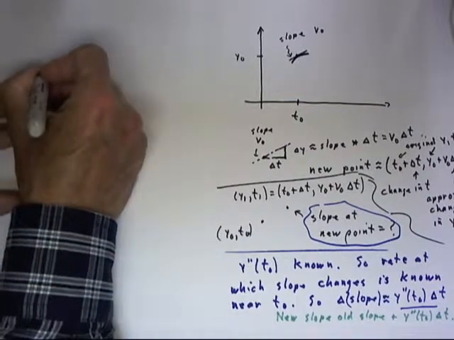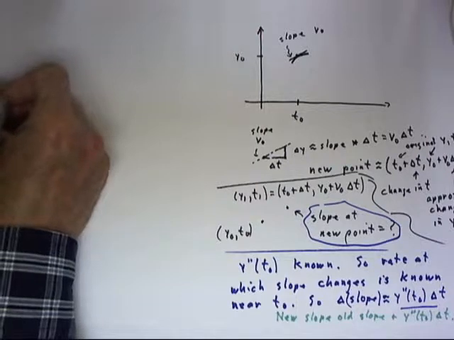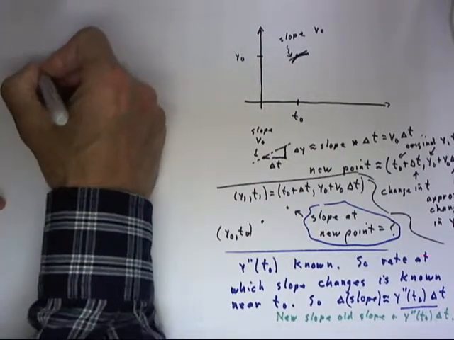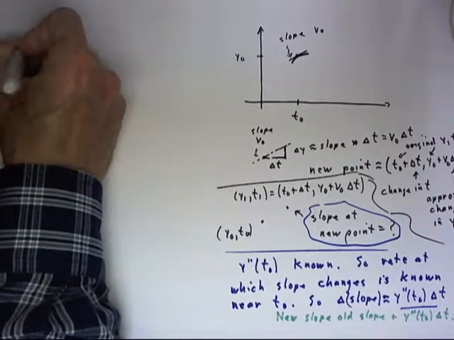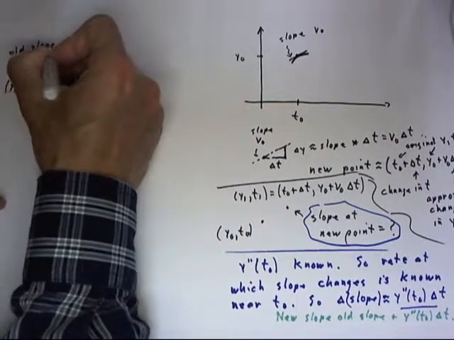So what's our situation? We have our point y naught, t naught. We have our old slope, which is v naught.